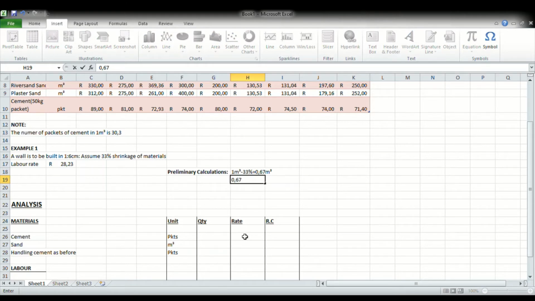0.67 cubic meters of mortar is equal to 1 cubic meter of dry ingredients.